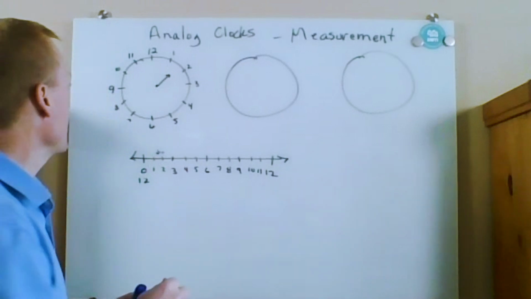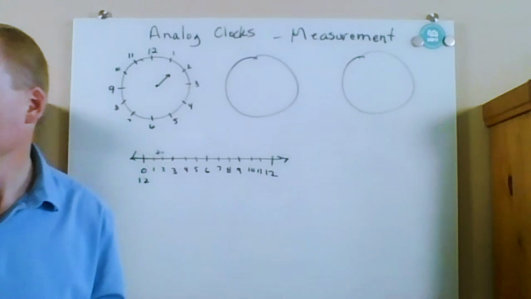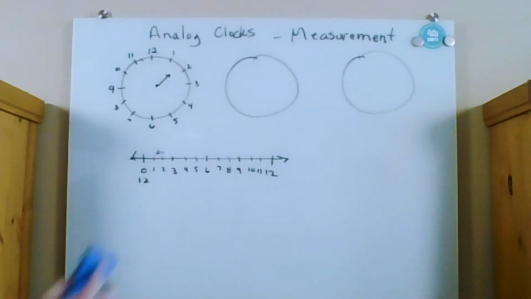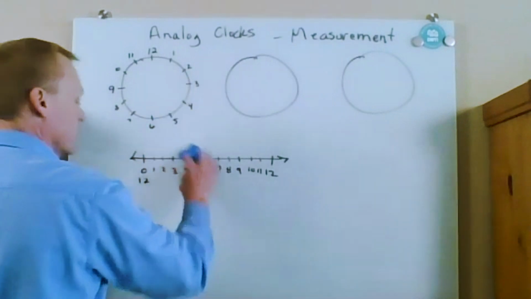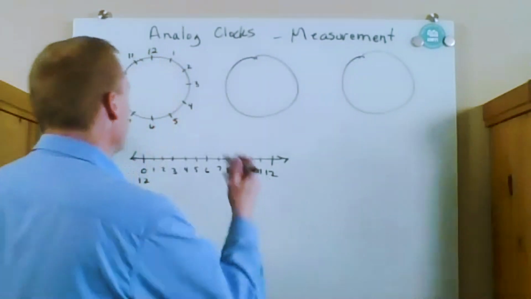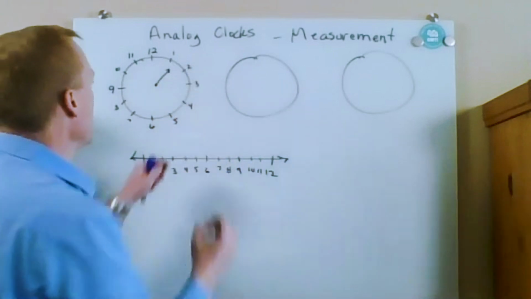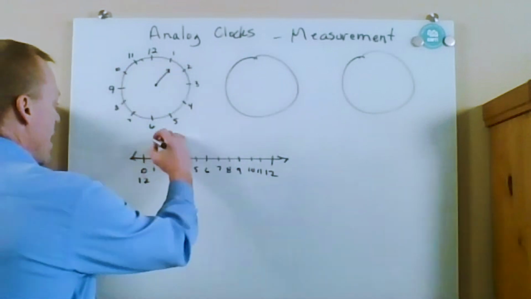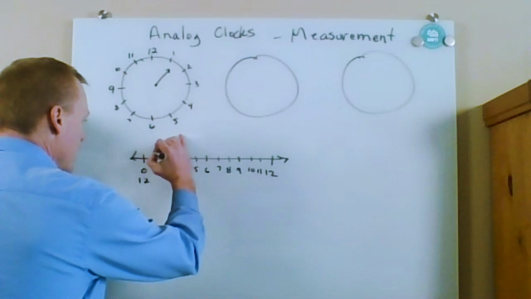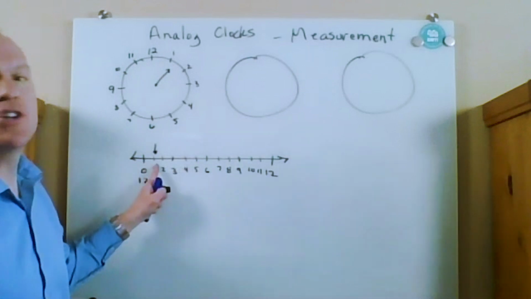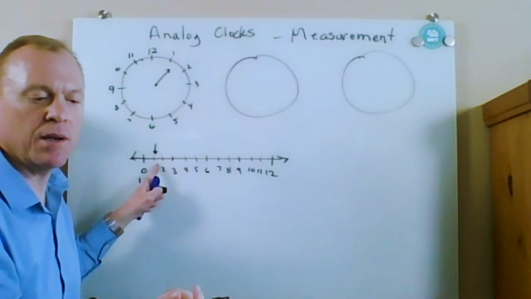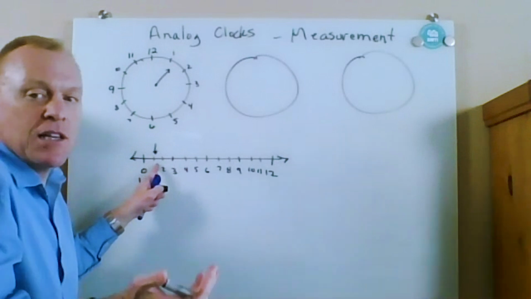That's not bad, but where it becomes more difficult is, what happens if I'm right here? So if the hour hand, now I'm going to match it with my number line, I'm just past 1. I'm barely past 1. So now kids could say, yeah, it's just a little past 1.